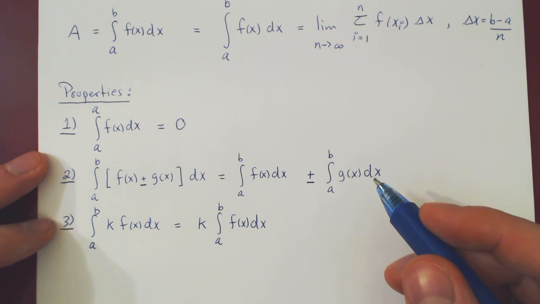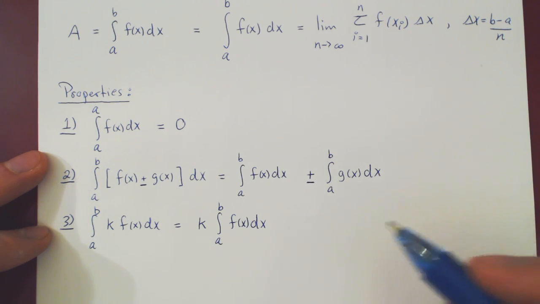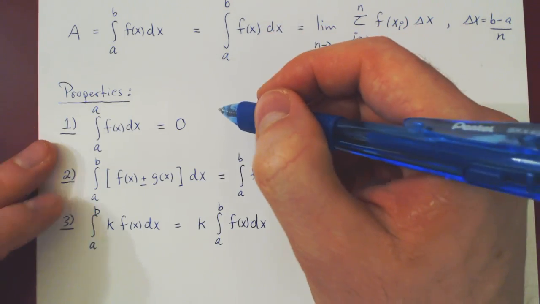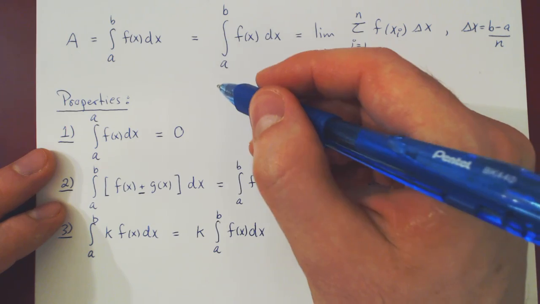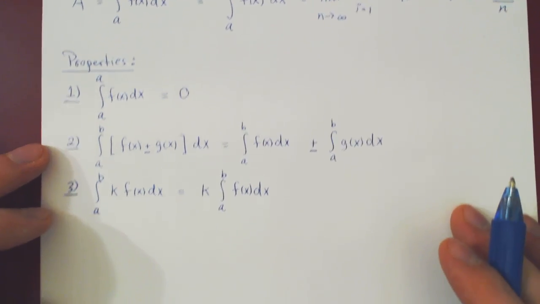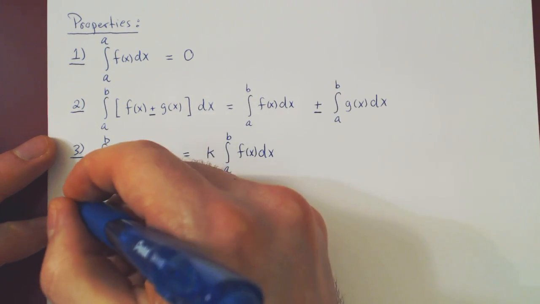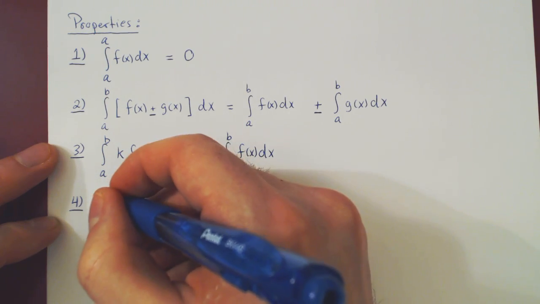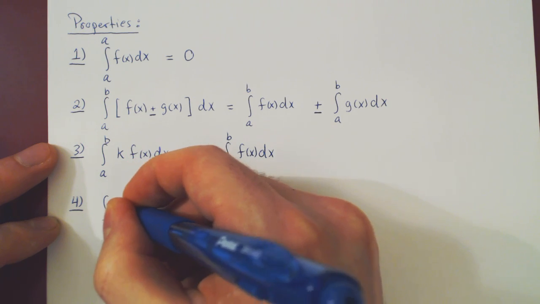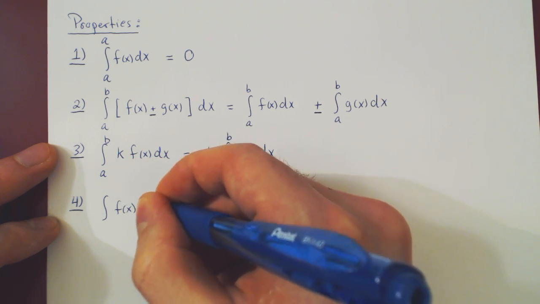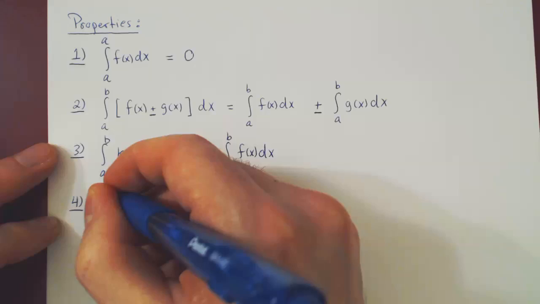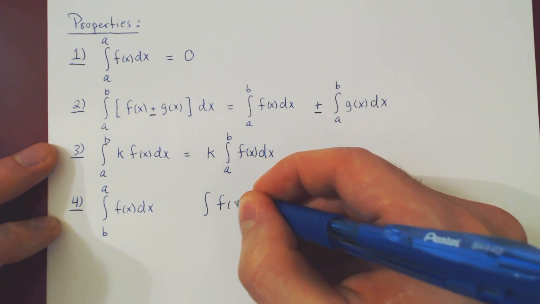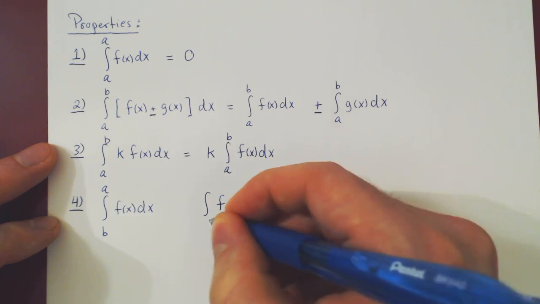The last property, which is a bit more subtle but also fairly easy to see: what if we change the order of a to b? Instead of integrating f from a to b, what if we go from b to a? Let's see what possibly changes. So if you integrate f of x from now b to a, and you ask, well, what about the difference between this integral and the one from a to b?